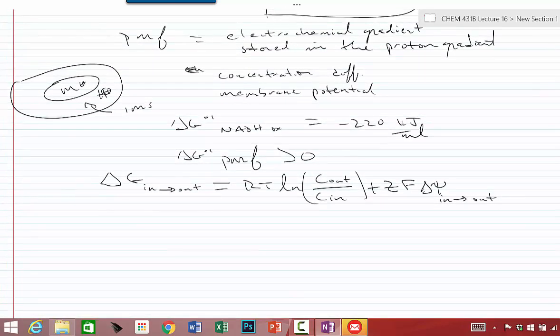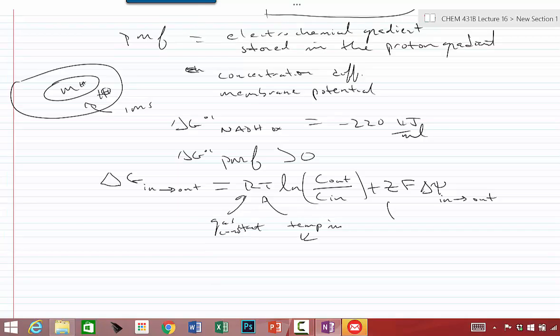What are these values? The R is going to be the gas constant. The T will be the temperature, and it's got to be the temperature in Kelvin. And then we've got the amount of protons on the outside and the amount of protons on the inside, so that's the concentration.